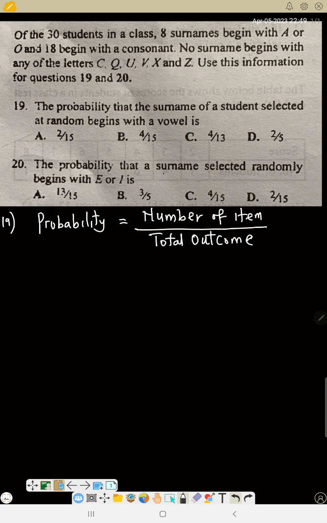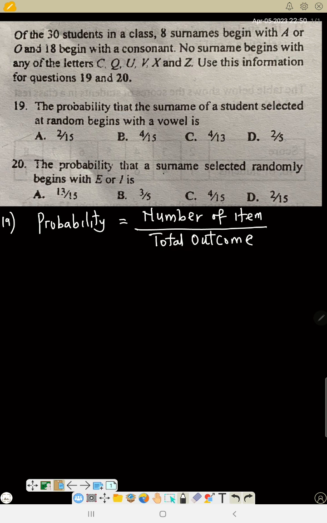So you must first locate your total outcome in any probability. Now the total outcome here is 30, that is, out of 30 students. So anything we'll do here must be over 30.